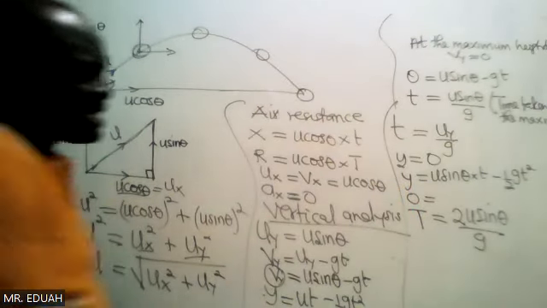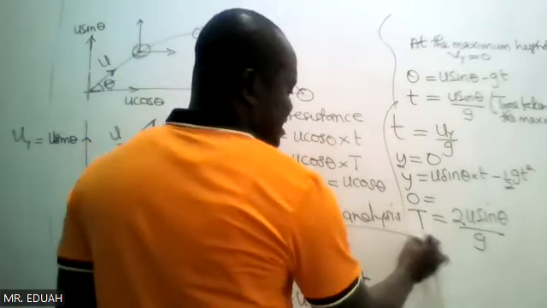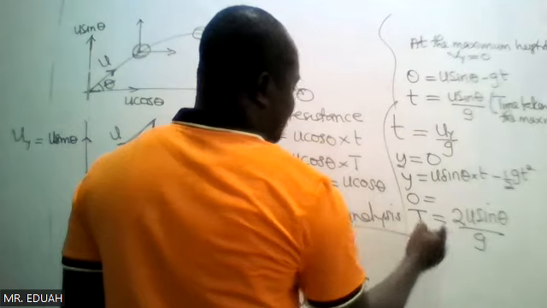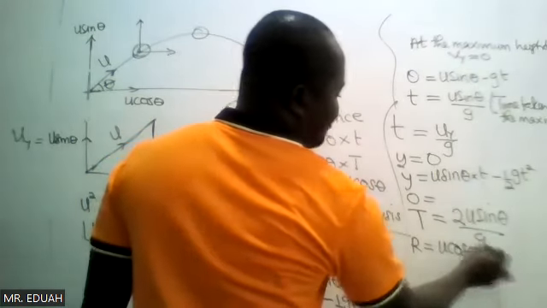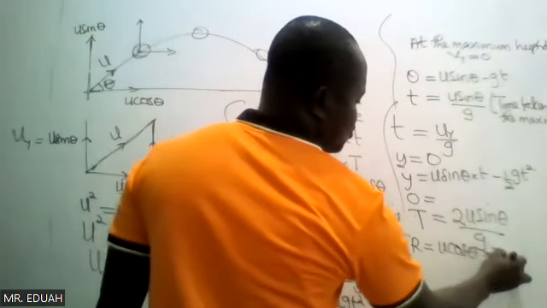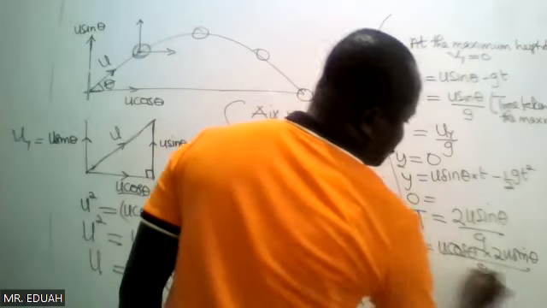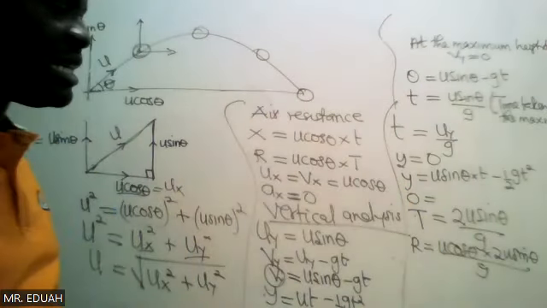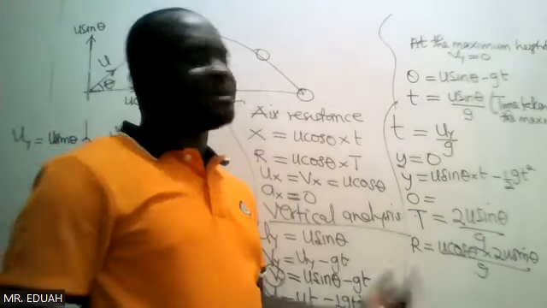As for that lengthy formula for the range, we obtain u cos theta, then we factorize the time of flight, which is 2u sine theta over g. You don't have to worry yourself so much. All that you need to understand is that range is equal to u cos theta times time of flight.